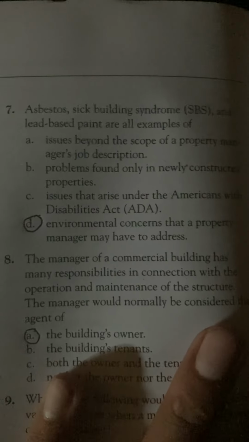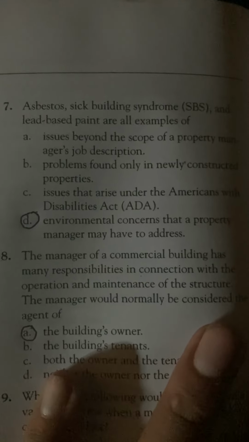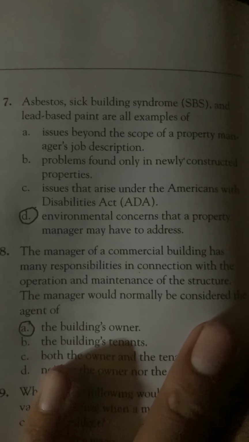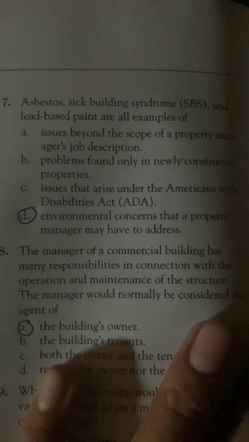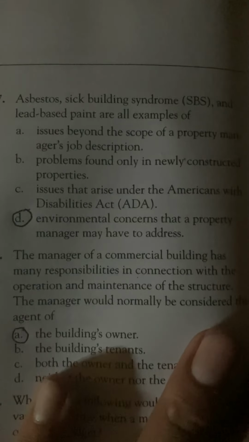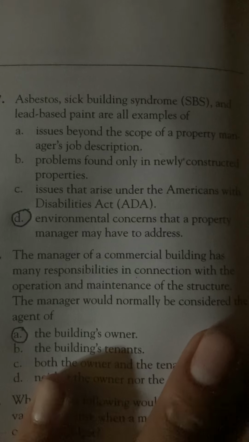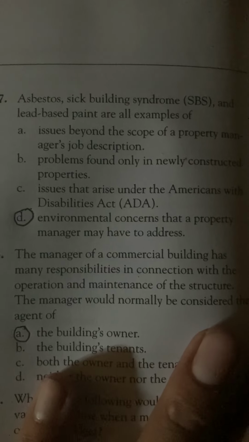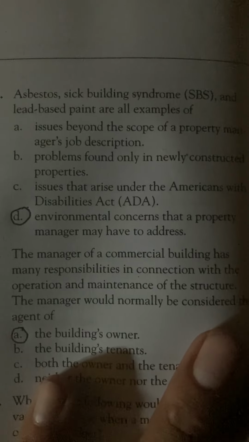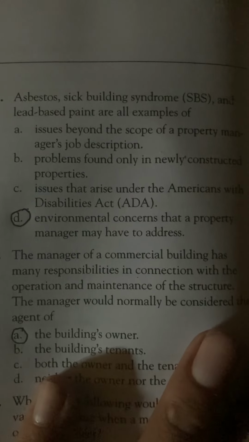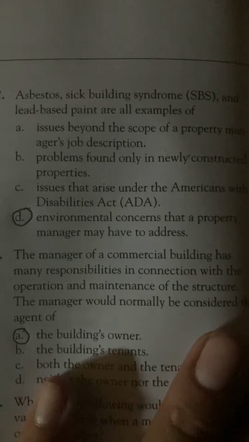Number 7. Asbestos, sick building syndrome, SBS, and lead-based paint are all examples of A. Issues beyond the scope of a property manager's job description. B. Problems found only in newly constructed properties.